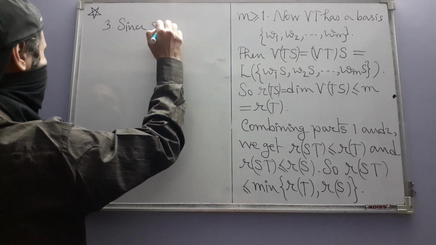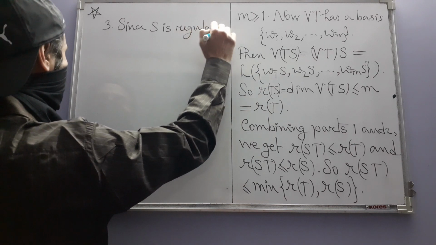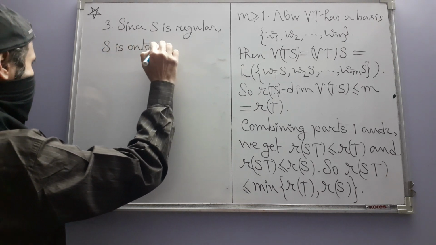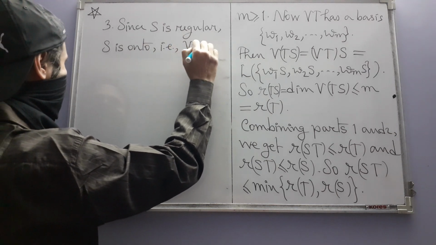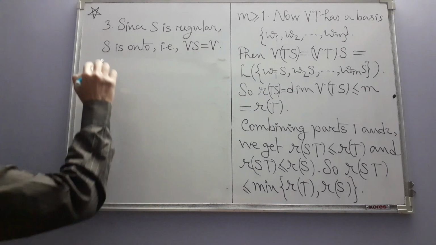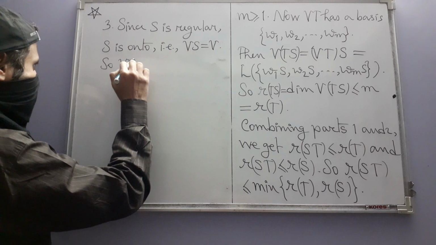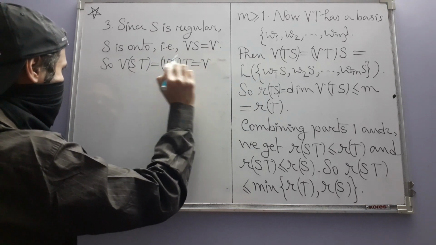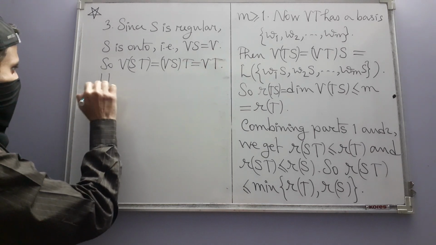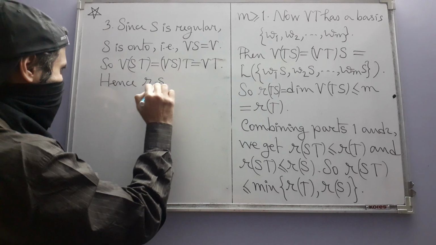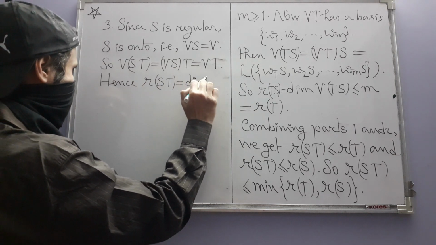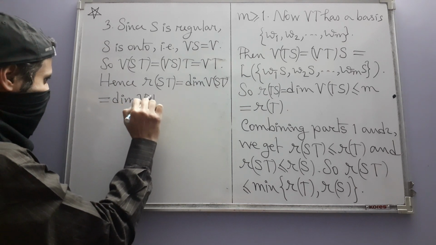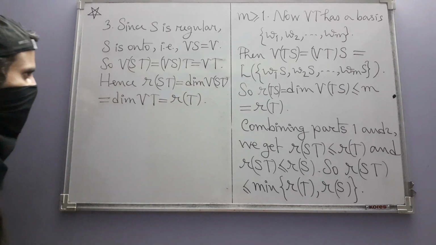Since S is regular by theorem 614, S is onto, i.e. Vs is equal to V. So Vst equal to Vt, because Vs is V. Hence, the rank of St, which is the dimension of the range of St, is also equal to the dimension of the range of T, so that is equal to the rank of T.